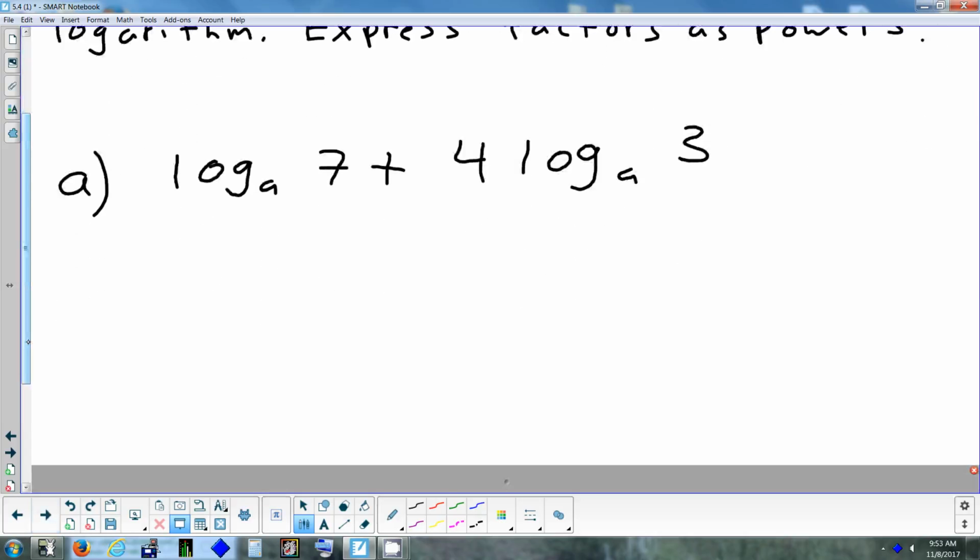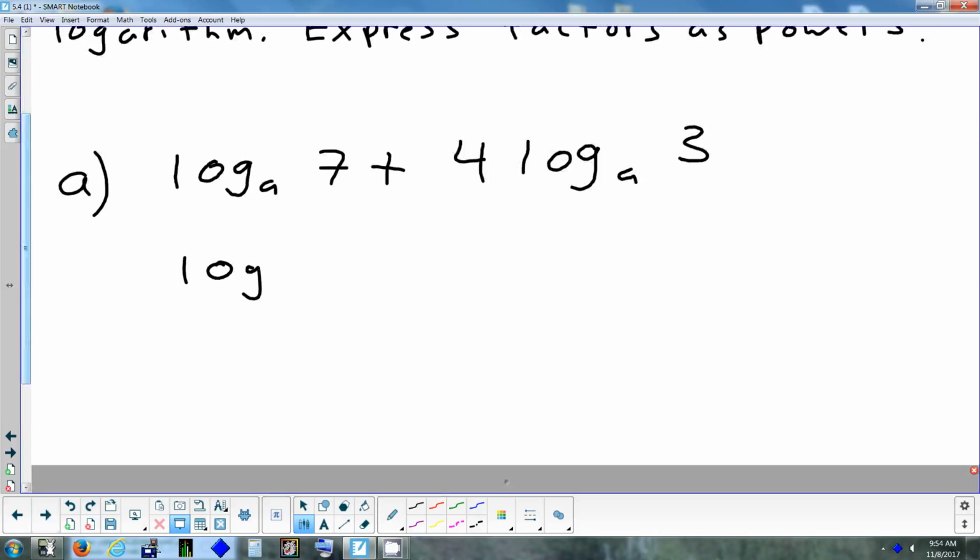All right, so let's look at a couple where we recombine into one. So I have this separated as a sum. How would a sum recombine? Caleb? Multiplication. What would be the base when I recombine it? Would it be 7 times 3?